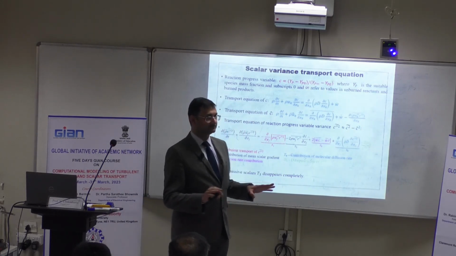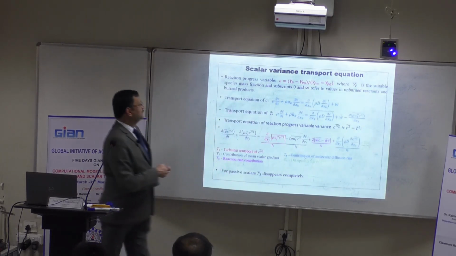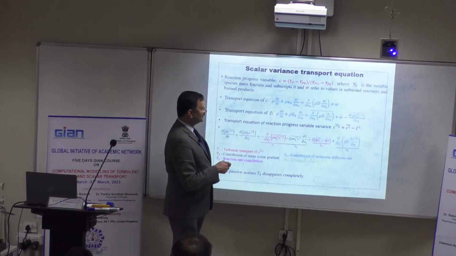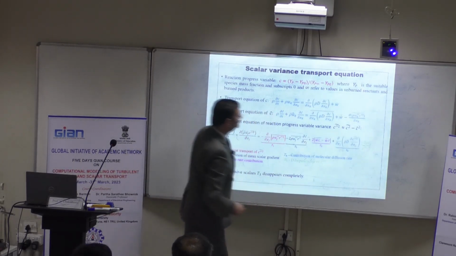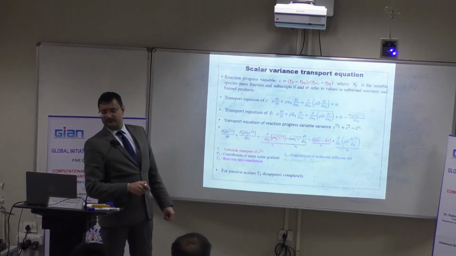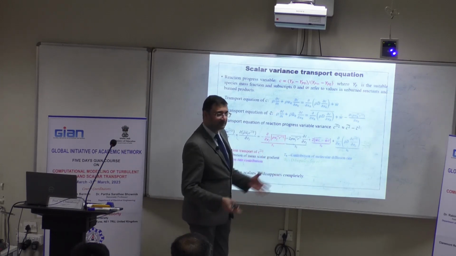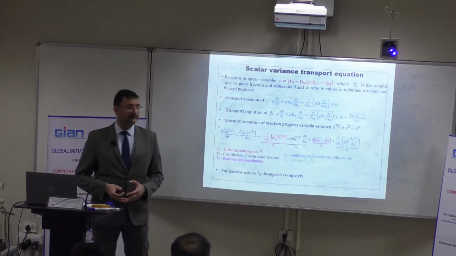Here, if I consider the transport equation of Favre average reaction progress variable, I will take this form. For whatever reason it is not coming here, it is a rho bar, obviously, because it is written in terms of the average.